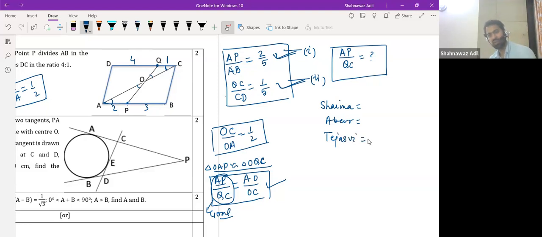Okay, one more hint. Somehow I have to cancel AB and CD. We take the reciprocal of QC by CD, then that would be CD by QC, which would be 5. Then what will we do?